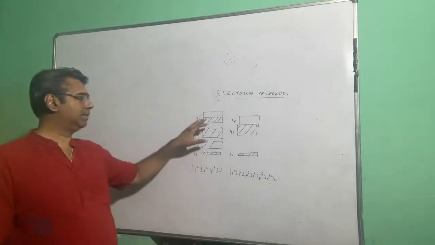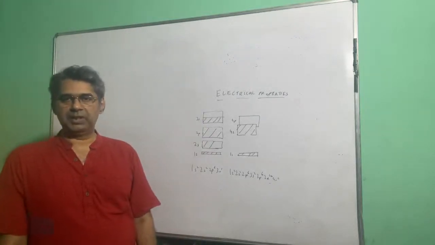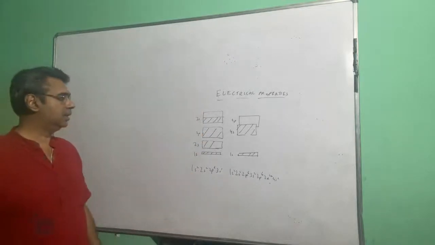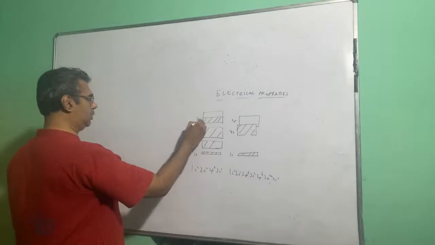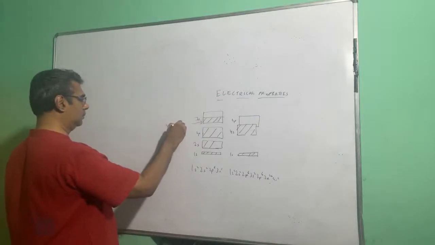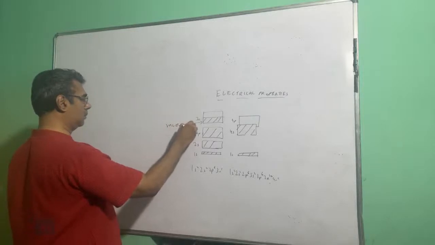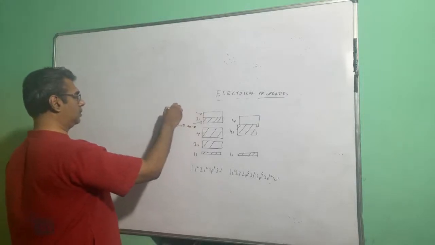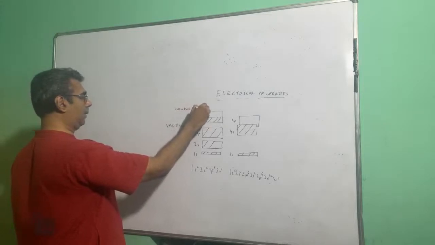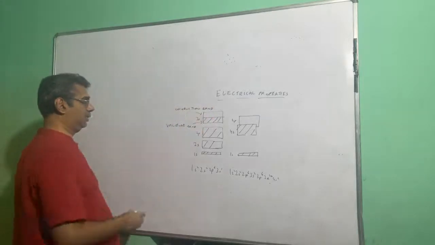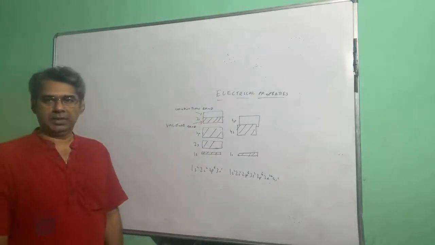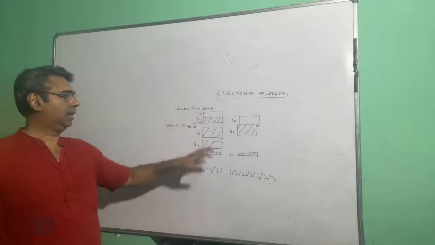Now the 3s band is partially shaded and partially not shaded. The shaded portion is called the valence band, and this portion is called the conduction band.